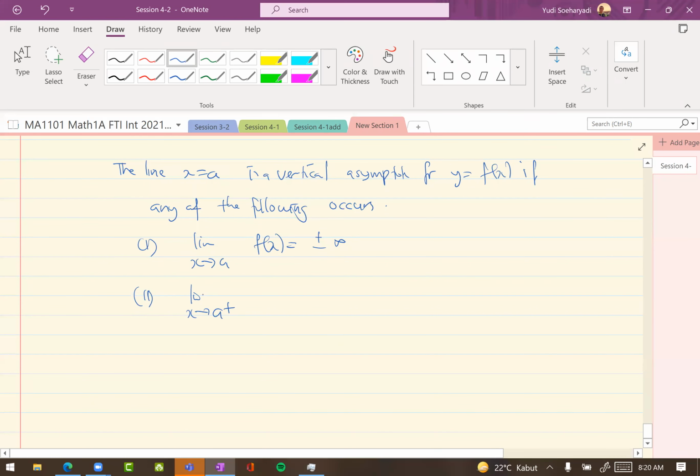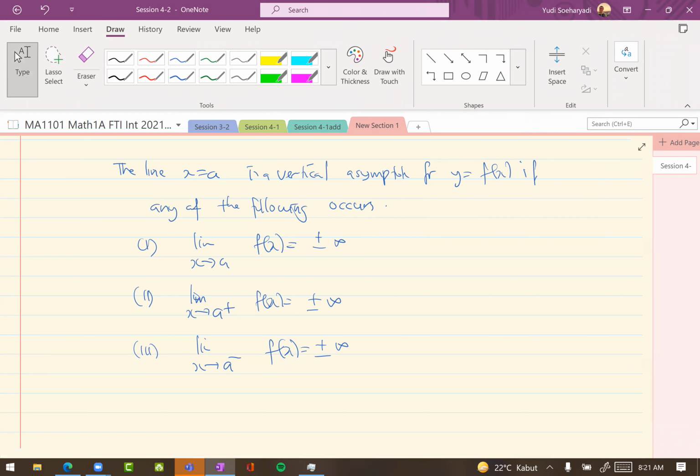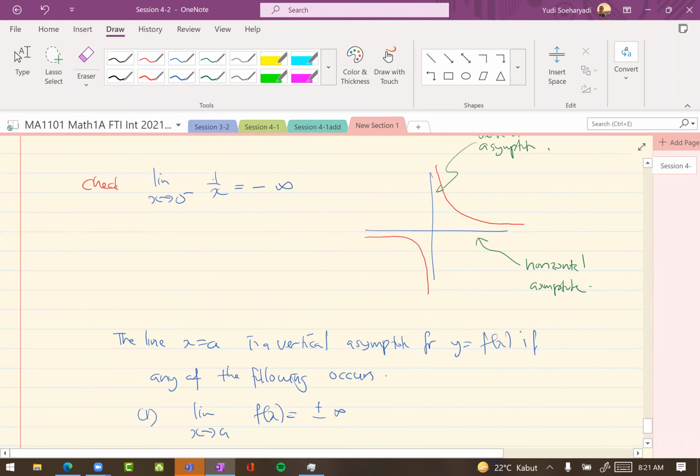Or approaching a from the left is either plus or negative infinity. Okay, so this is the case.